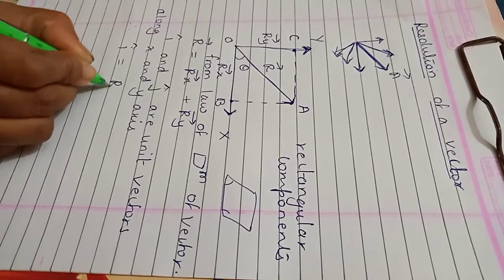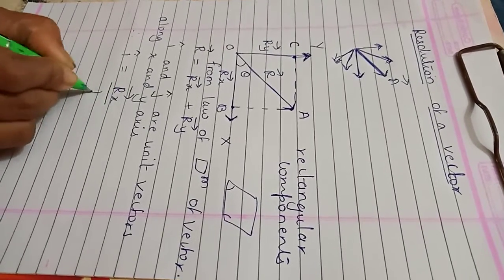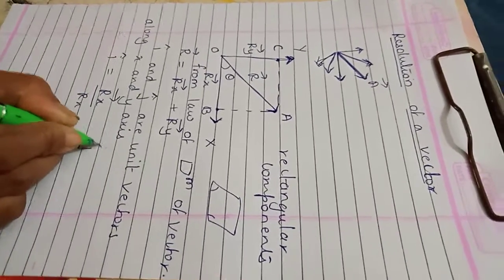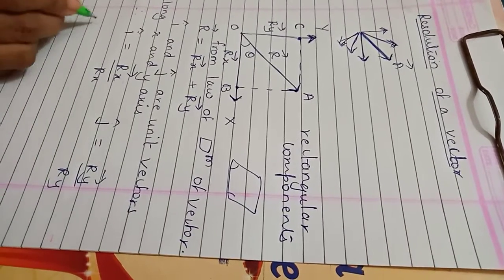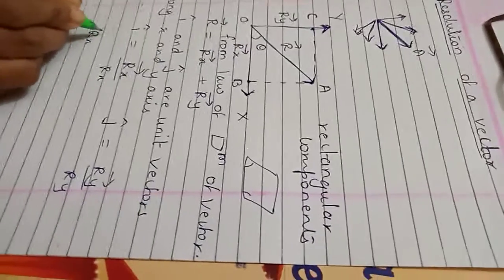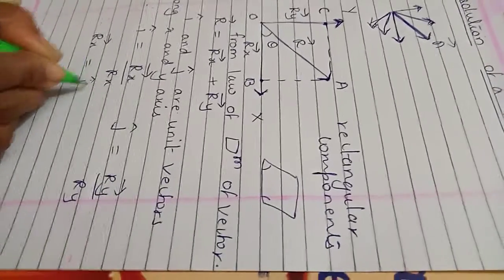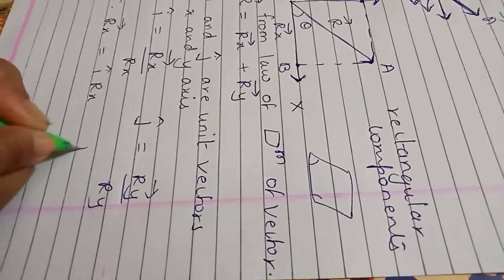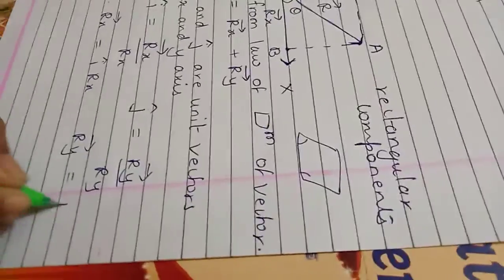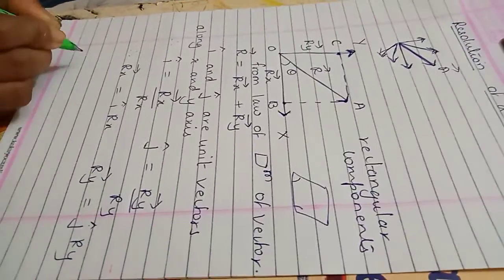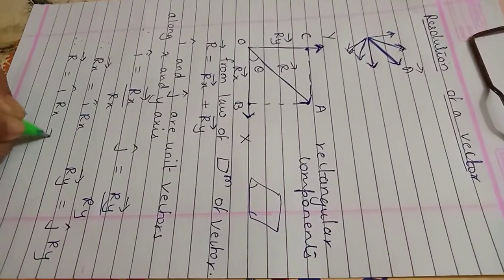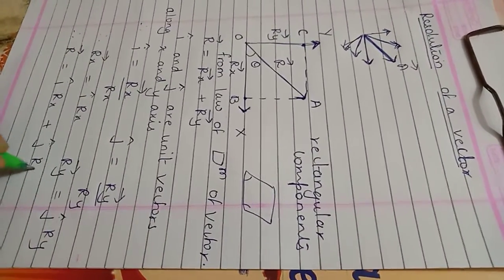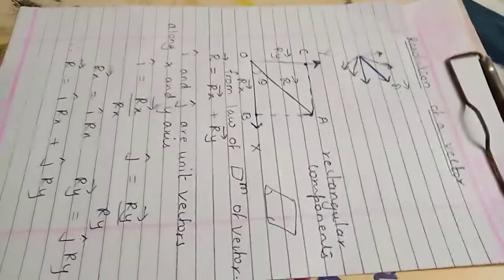It is the given vector upon its magnitude. Therefore, tell me, vector Rx is equal to what? Unit vector i times Rx, vector Ry is equal to unit vector j times Ry. Therefore, what happens to vector R, students? It will be vector i Rx plus vector j Ry. Are you okay here? Are you okay?